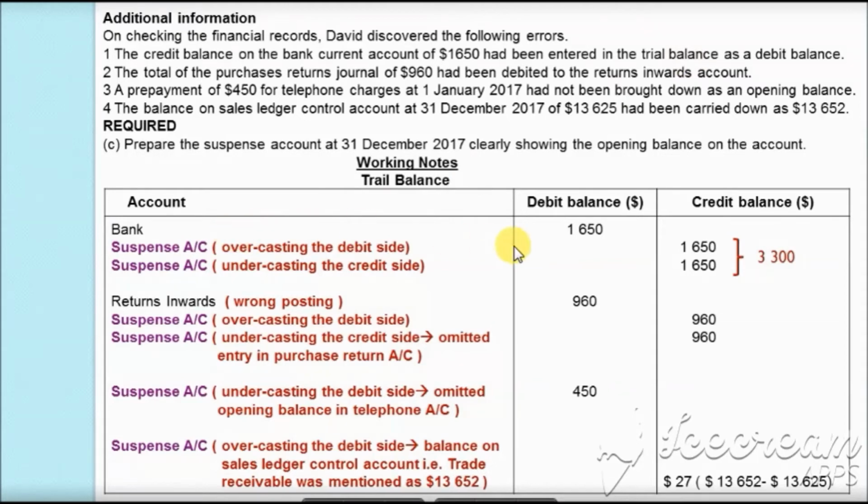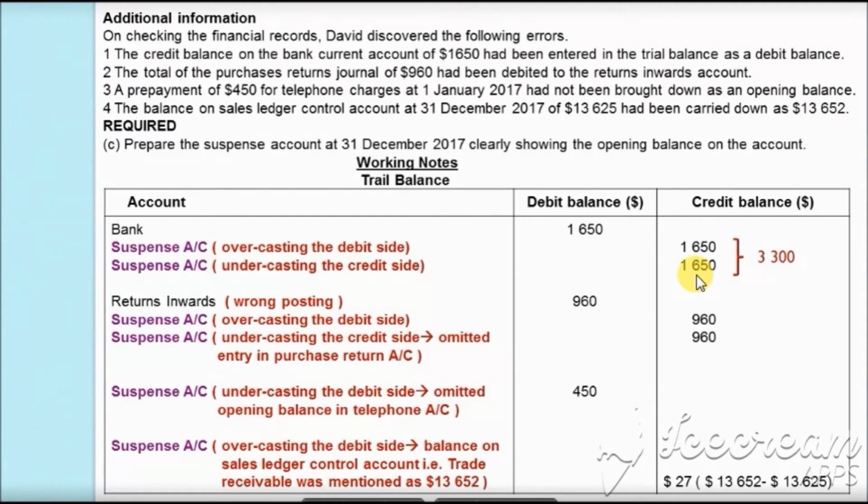So we have entered this as a debit balance in the trial balance. This was not the amount which was required in the debit balance, and as we have entered it, this will lead to a deficit of $1,650 because you need to cancel this amount. This amount was actually required to be placed on the credit side and it was not done.